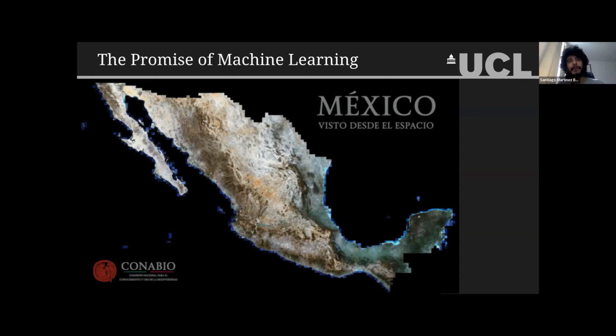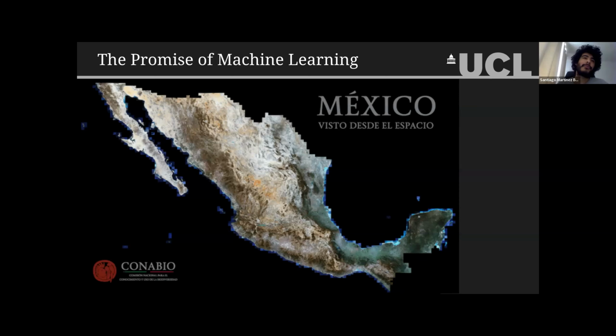I began my journey working at this government agency in Mexico called CONABIO, that is tasked of gathering information about biodiversity across the whole country. And it is where I kind of started joining my mathematics background with this idea of trying to do something for managing biodiversity loss.